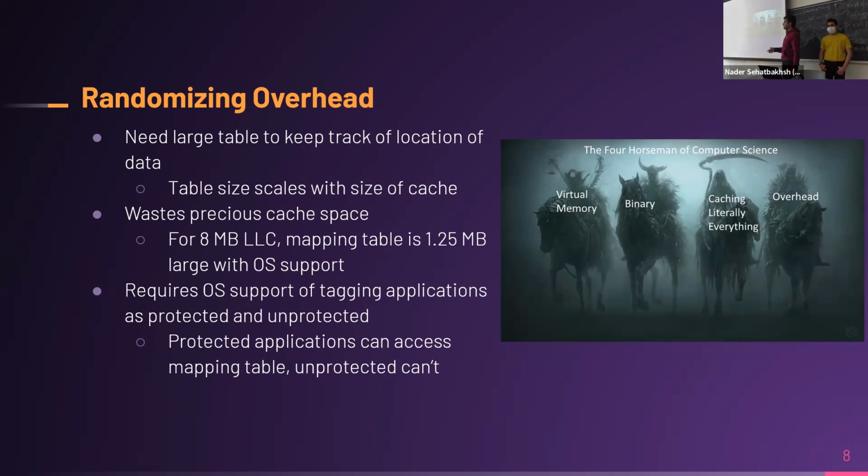The problem is that it requires the operating system to know which application is trusted and which is not, and you need to actually figure that out. Trusted applications can access the mapping table, and unprotected, not really trusted ones cannot. So that's the idea.